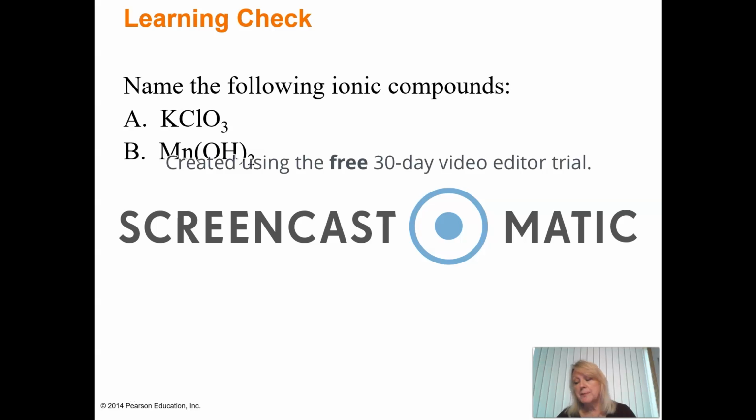Hey, go to the periodic table. That's potassium, right? ClO3. Okay, so the temptation sometimes with novice chemists is to say, okay, would that be potassium, chlorine, oxygen? No, chlorine and oxygen are working together as a team. That potassium is my single cation.